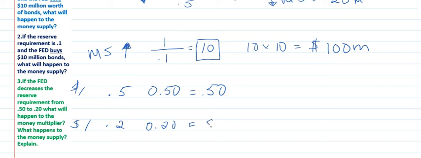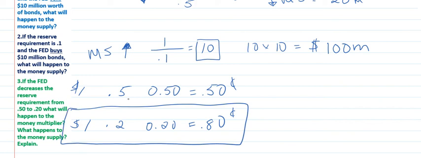In this case, it can loan out 80 cents. So which one is going to increase the money supply more as it gets multiplied? If you chose this, yes, you are correct. What would happen is the money multiplier would increase, because this is our money multiplier here. The money multiplier is 2, and the money multiplier here is 5. So the money supply would increase more here.